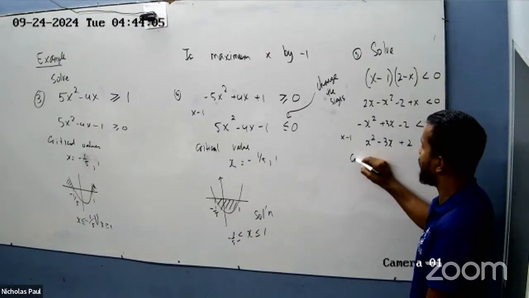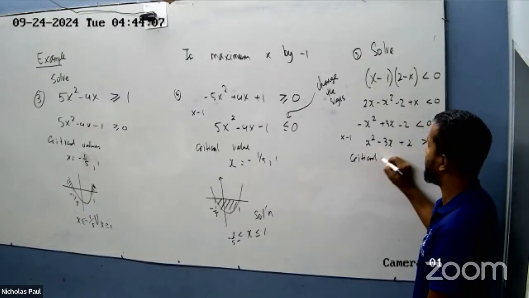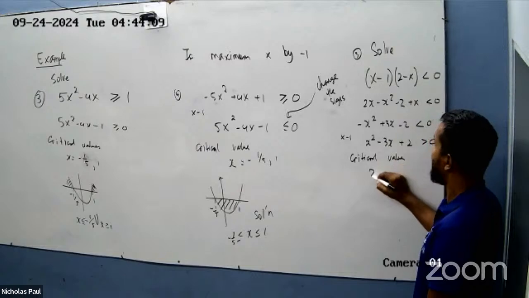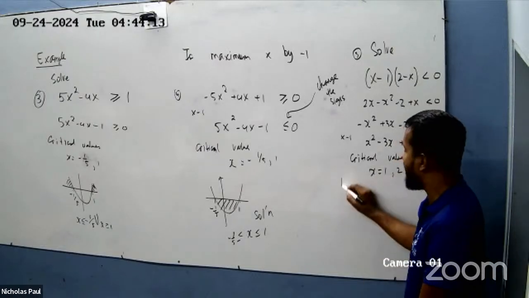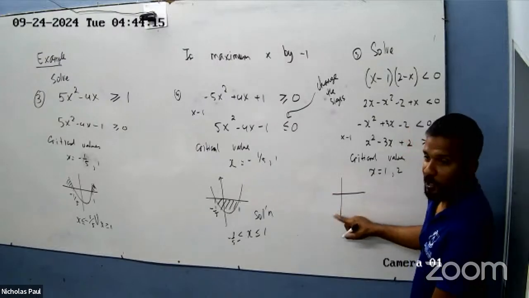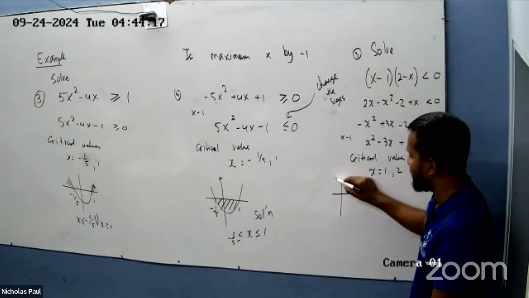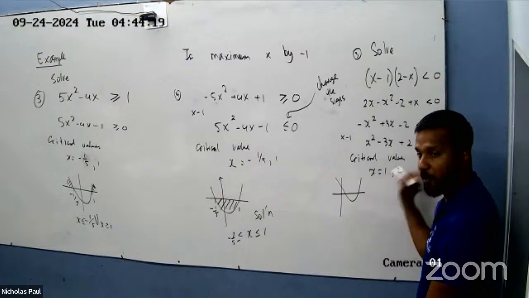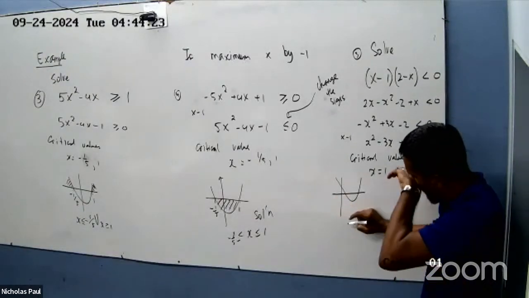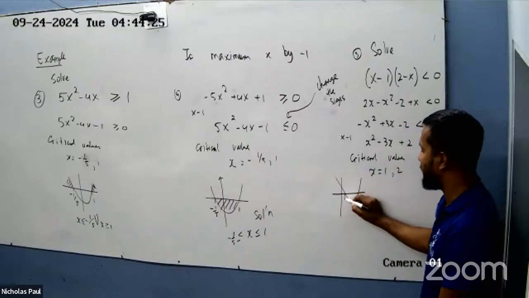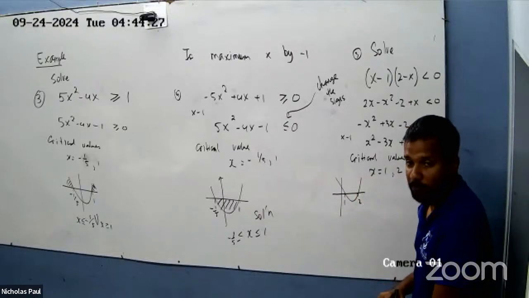Right? And then I'm going right ahead, find my critical values, and I'll get x's 1 and 2. Then do a quick little sketch, please. Remember, 1 and 2 positive, so the curve will be on the right side. Okay? So do a light touch on the left side here, right? 1, 2. All right.